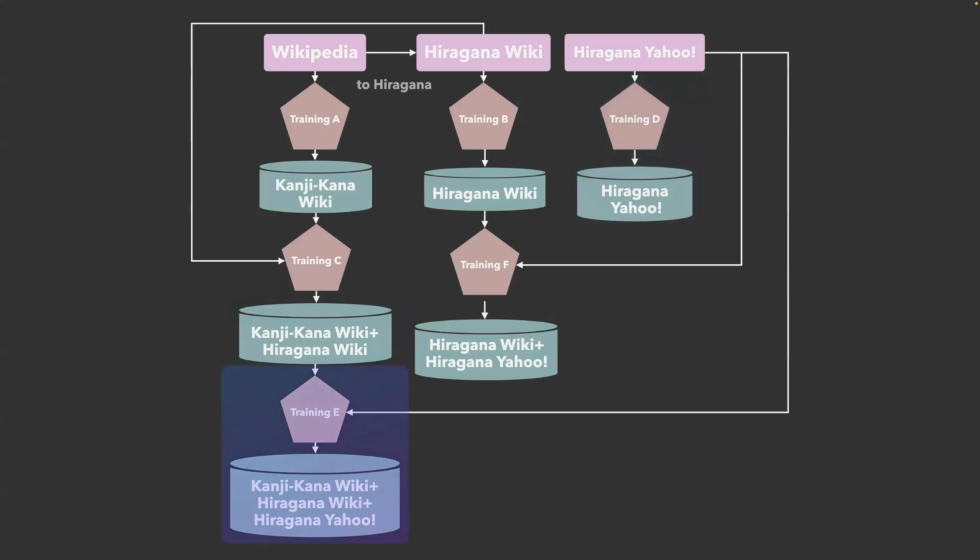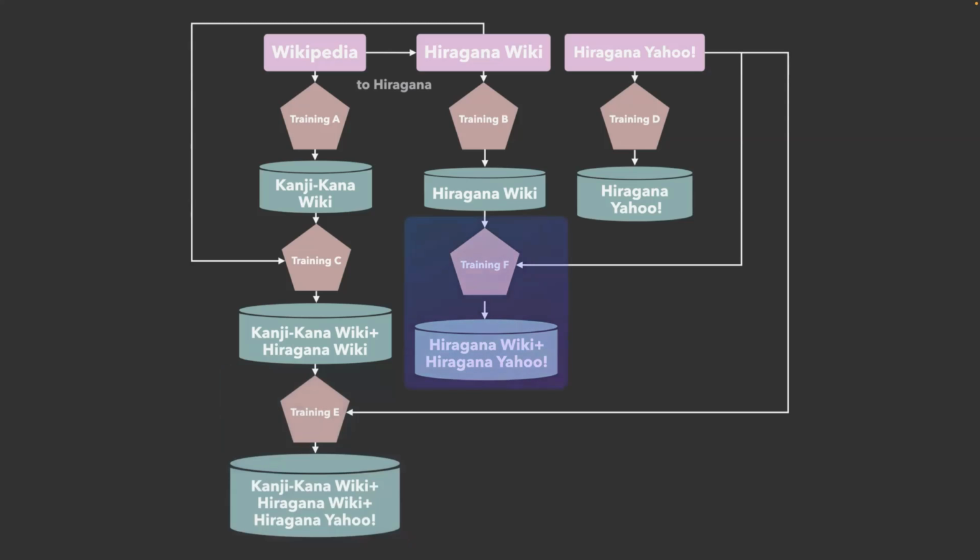Next is training E. The training data for training E is from Hiragana Yahoo Answers. We also fine-tuned the Kanji Kana Wiki plus Hiragana Wiki model. We call this model the Kanji Kana Wiki plus Hiragana Wiki plus Hiragana Yahoo model.